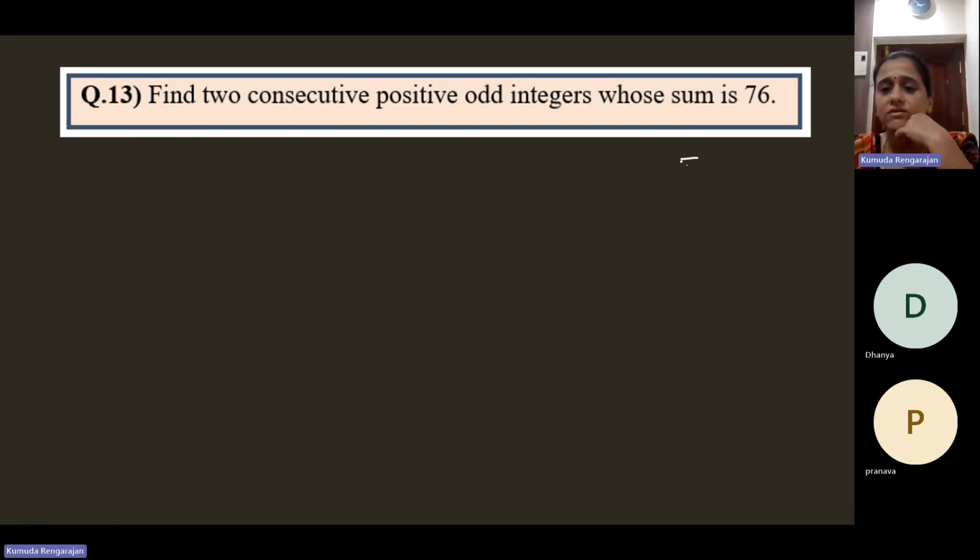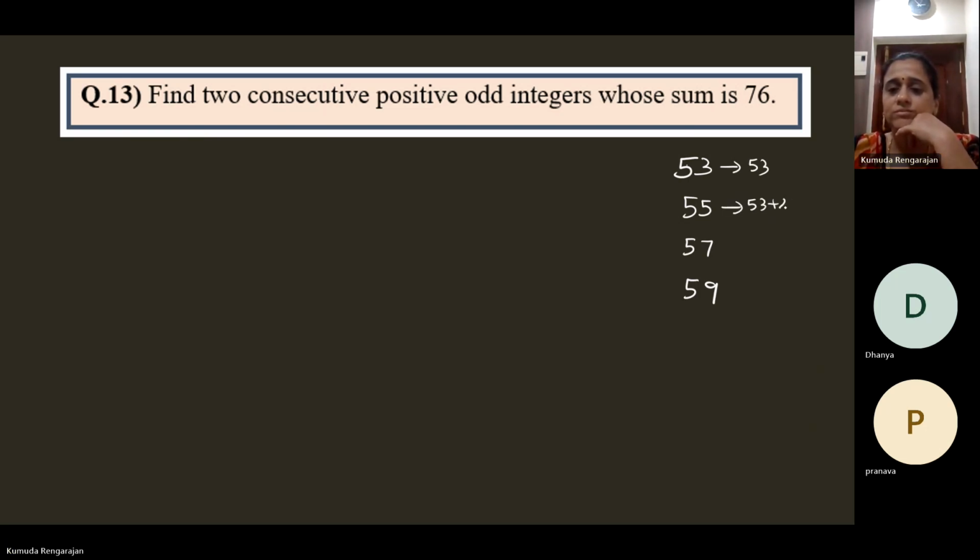Now let's say 53, 55, 57, 59. This is 53. This is 53 plus 2. This is 53 plus 4. And this is 53 plus 6.